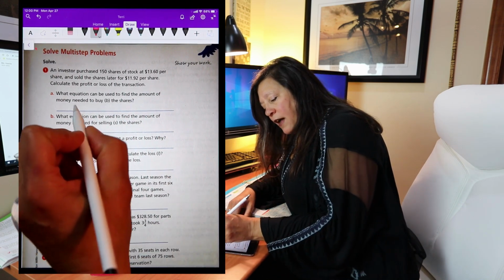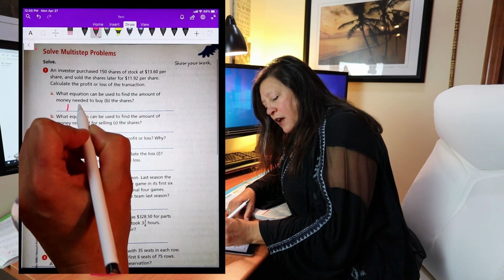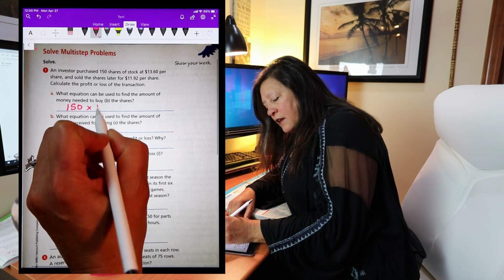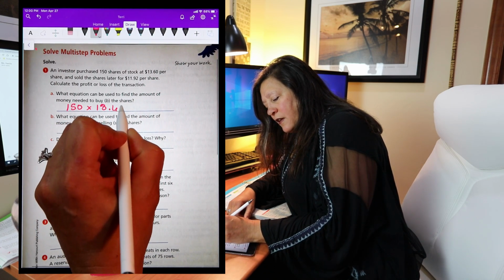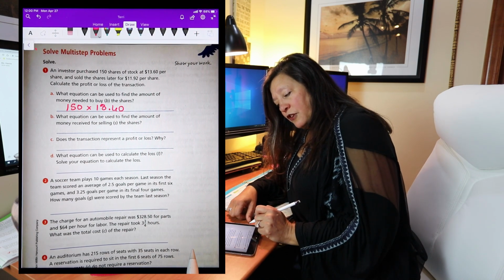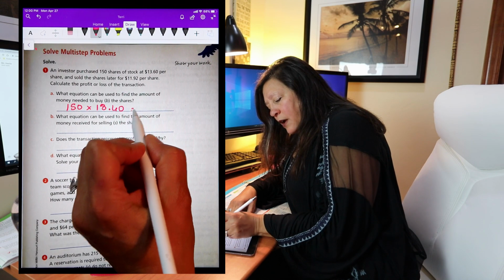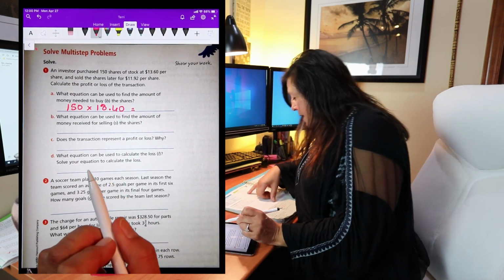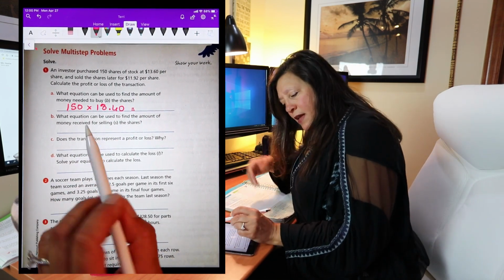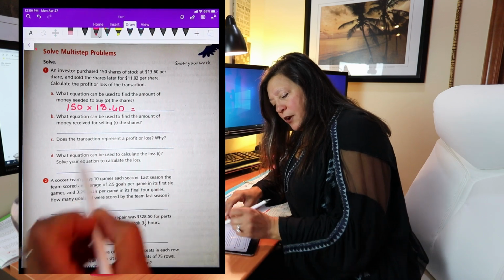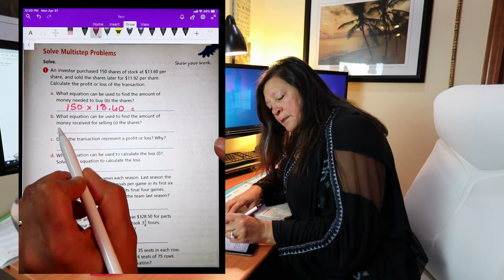Well, how much did they cost originally? So it's 150 shares times $13.60 per share. We're just looking at the equation right now. We're not going to solve it right now, but we will later.